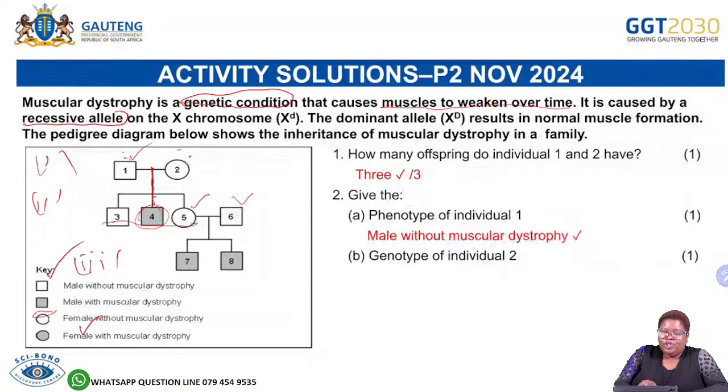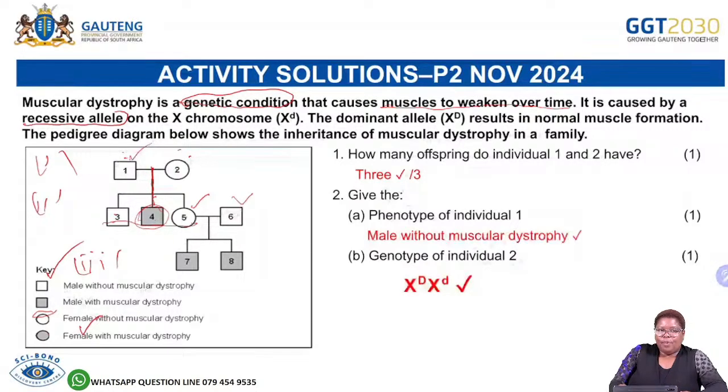Genotype of individual 2. With the genotype that you cannot see, but with the phenotype we could tell that a male is without, according to the passage.